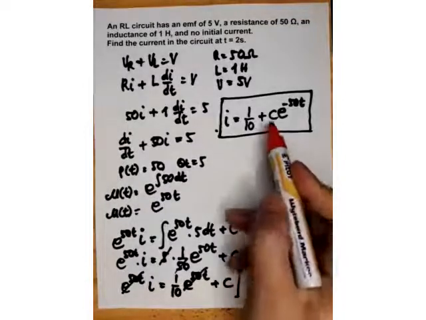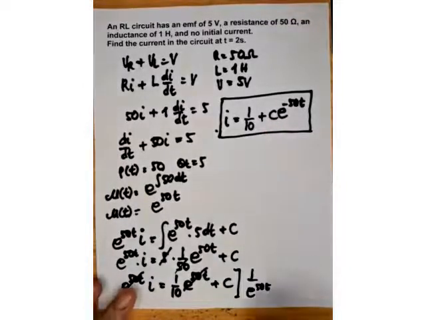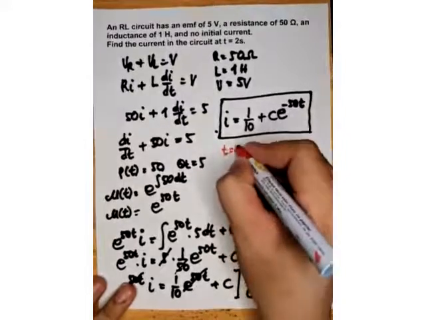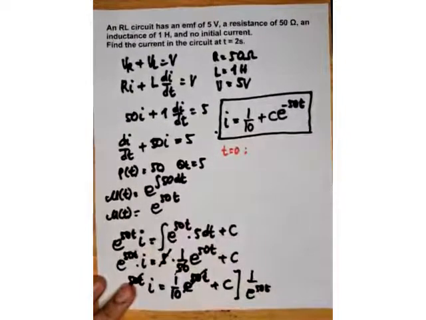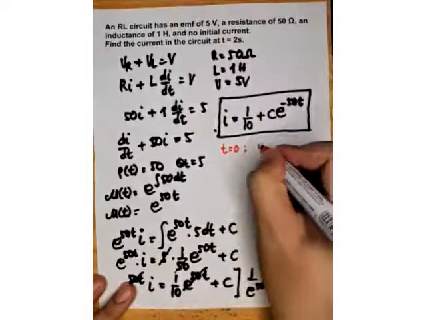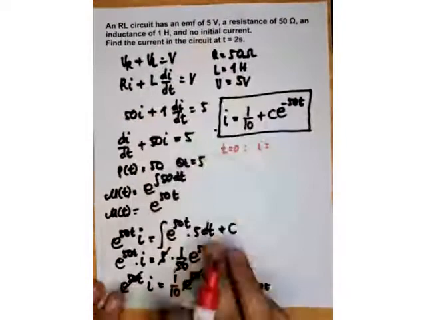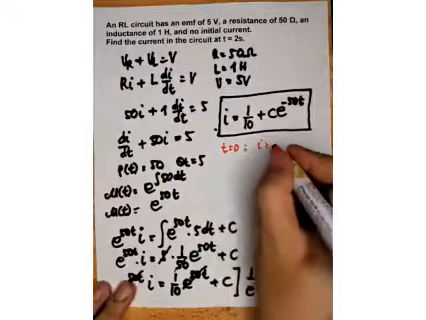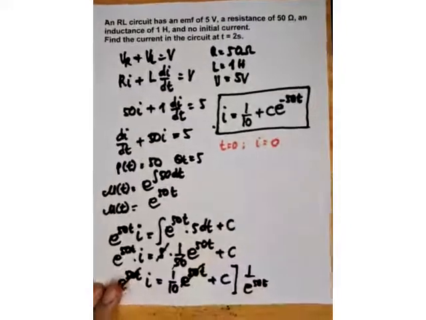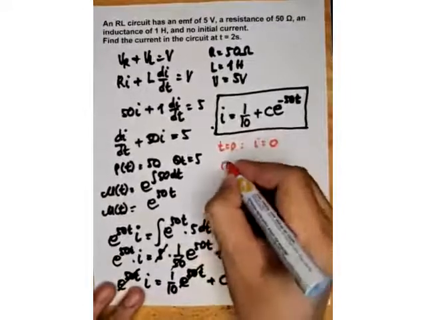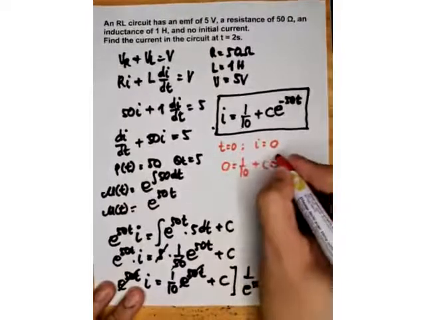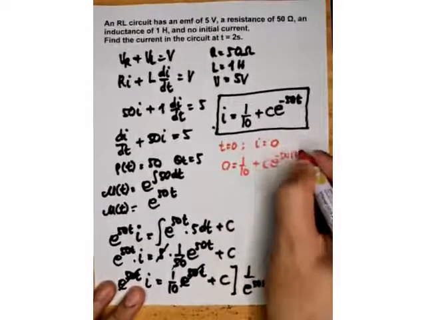Syempre, kailangan nating malaman kung ano ang value ng C. So we need to apply the first condition. Condition lagi natin magsisimula sa t is equal to 0. So what's the value of the current? Based sa condition natin, nakasulat dun sa problem, no initial current. So at time equal to 0, current is also 0. Therefore, 0 is equal to 1 over 10 plus C e raised to negative 50 times 0.